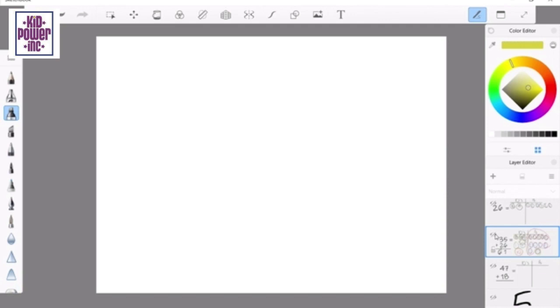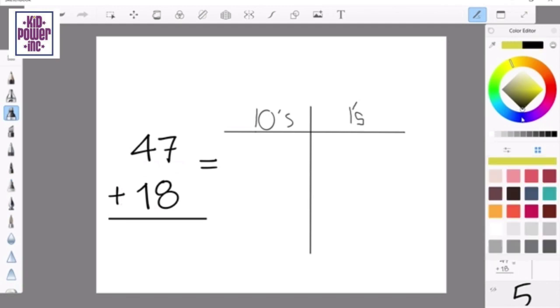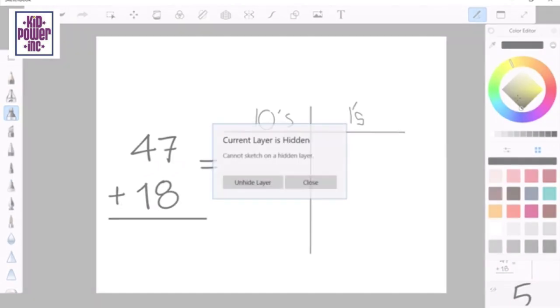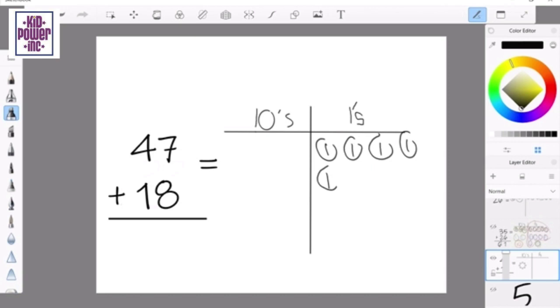Now, before we move on to the three-digit numbers, let's do another example. 47 plus 18. So let's start with the ones discs again for 47. We have 1, 2, 3, 4, 5, 6, 7.